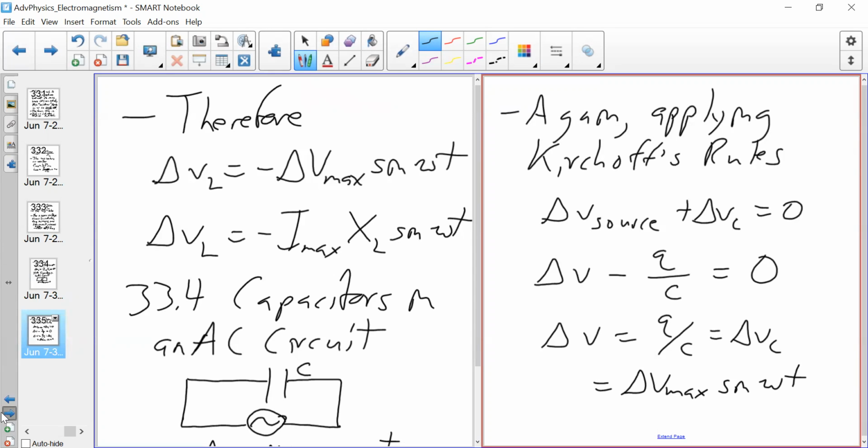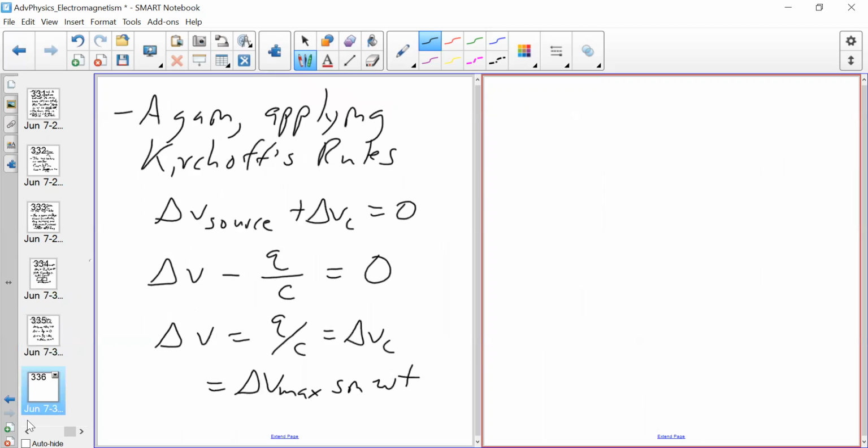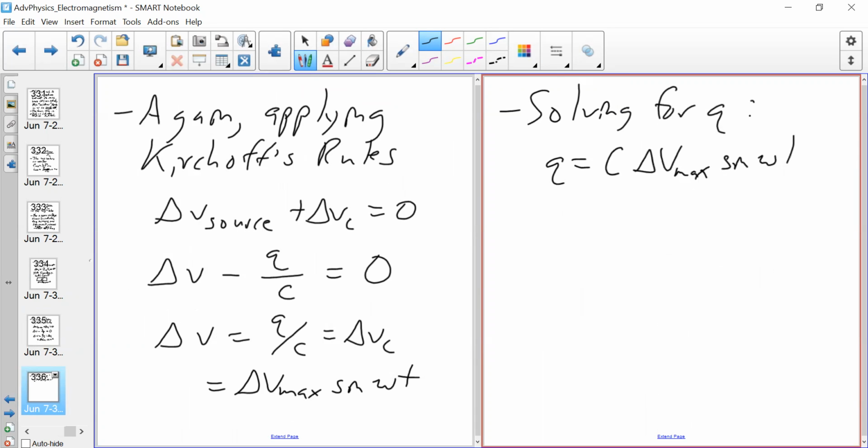Shouldn't be too serious. Okay. Solving for Q, we get Q is equal to C delta V max sine omega t.